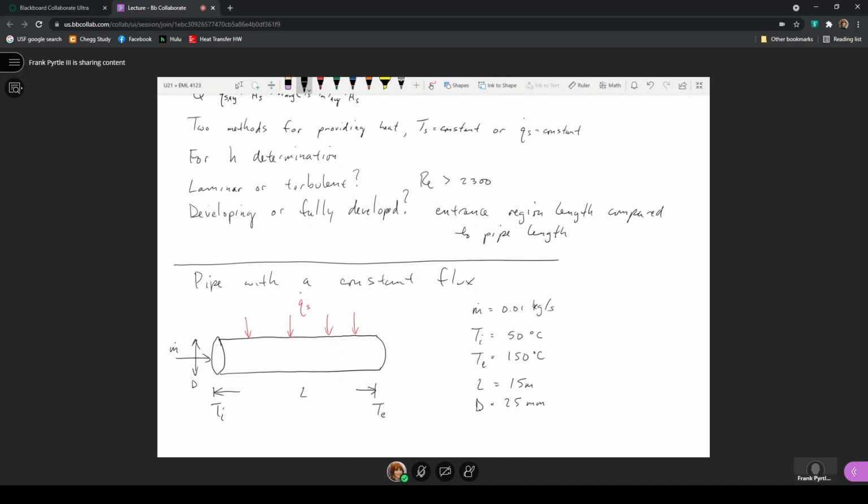So that's where the fluid is flowing through. And we could consider that this heat flux might just be by an electrically resistive tape that's on the outside to provide this heat flux. And we want to consider, well, what is the average heat transfer coefficient that would exist for, we'll consider water and air, two very different fluids that would flow along the length of this pipe.